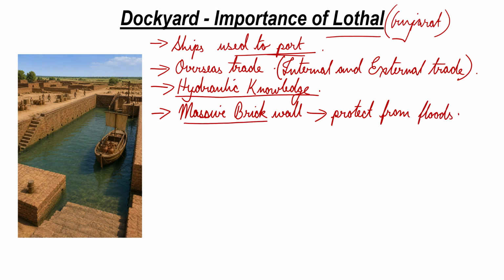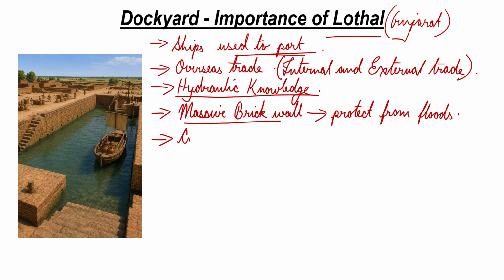So massive brick wall may have served the purpose of flood protection. So this dockyard was connected with a channel to the Sabarmati or Bhogavo river.